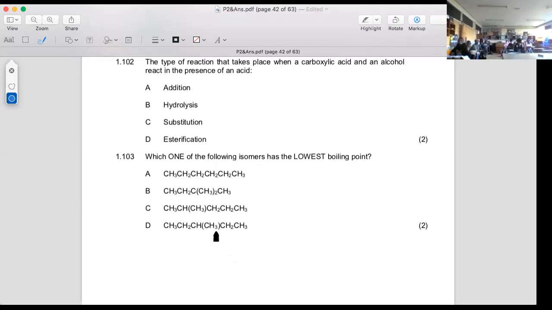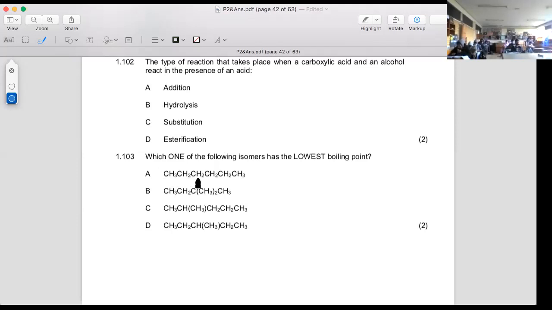Okay, it's Ezra. I'm sorry, but my screen is tiny. Just tell them how you're going to solve this. The one with the least hydrogens is going to have the lowest boiling point. Fantastic. So all you're going to do is go on hydrogen count.